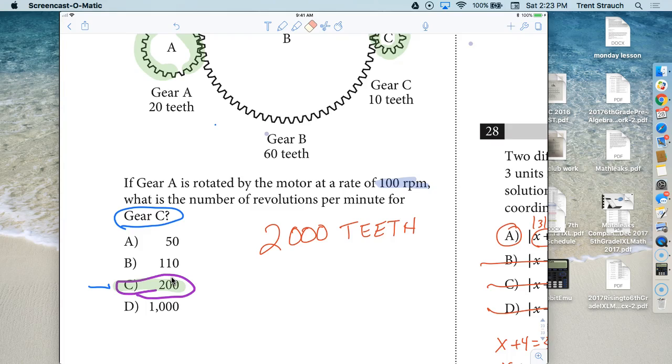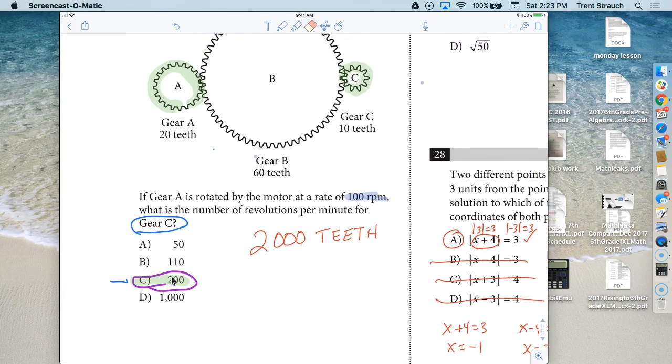Is that a good explanation for you on that one? That makes sense? All right. Now, 1,000 doesn't make sense, because that would have to be 10 times bigger. Everybody good with that?